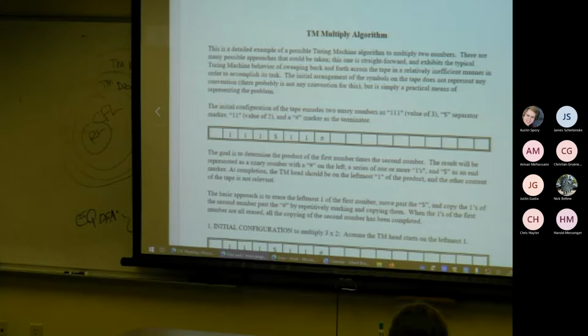I think you're asked to do one or two Turing machines, and the idea is to give the pseudocode describing how that would implement the solution they're asking for.